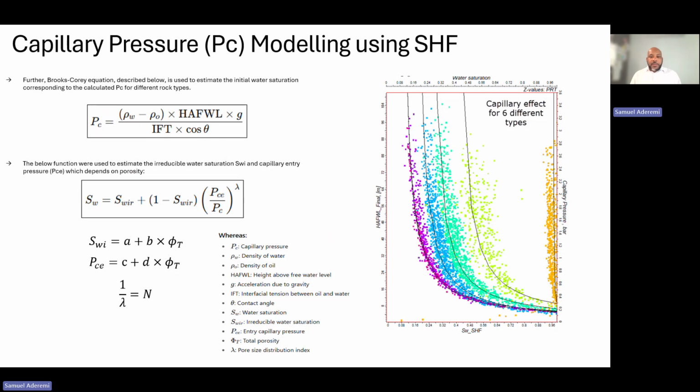The beauty of this, like I said, is that the parameters are calibrated for each of the rock types that you have there. And also notice that the irreducible water saturation and the entry pressures are themselves related to porosity in this case. They can also be made in such a way that they will be related to the permeability. So it depends.